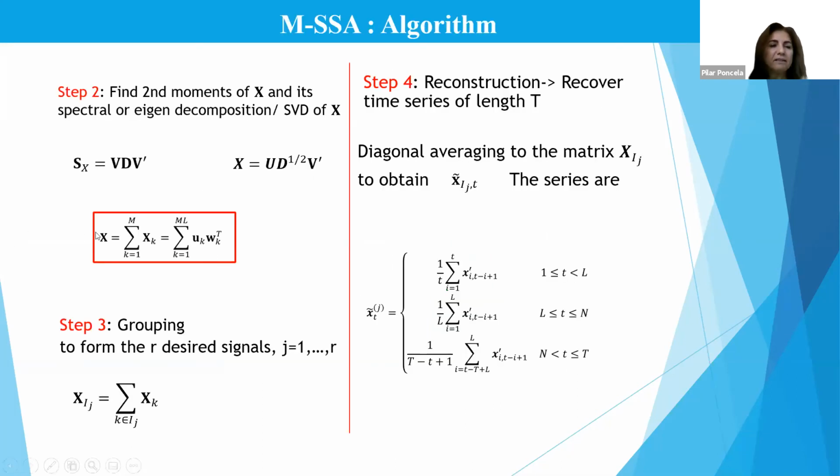Okay, so after building the trajectory matrix, which are just the time series and their lags, we find the second moments and find the eigen decomposition, and we are able to project the original trajectory matrix into the sum of matrices of dimension 1 linked to the eigenvectors. Okay, good. Then if some of these eigenvectors are associated to the same unobserved component, let's say the trend, or let's say the cycle, we would like to group them.